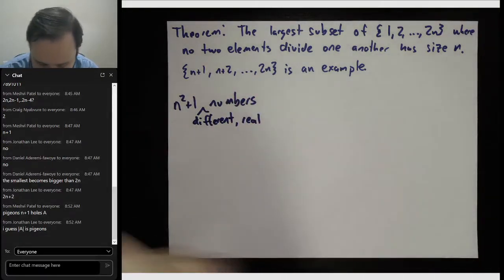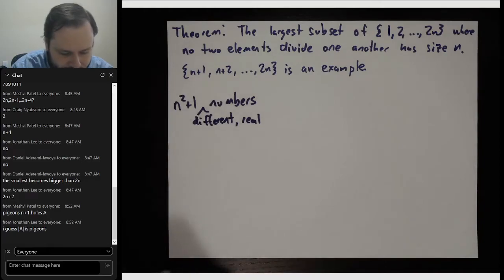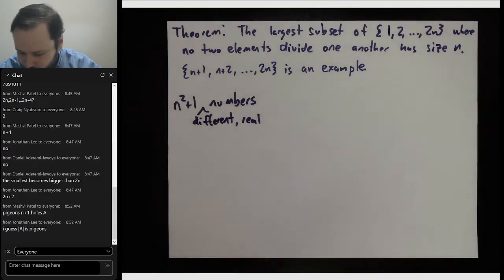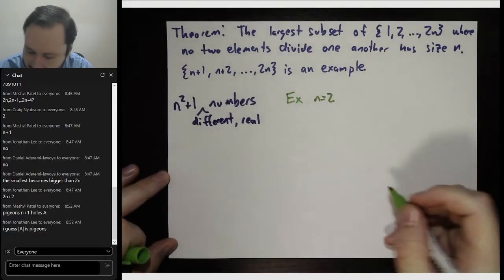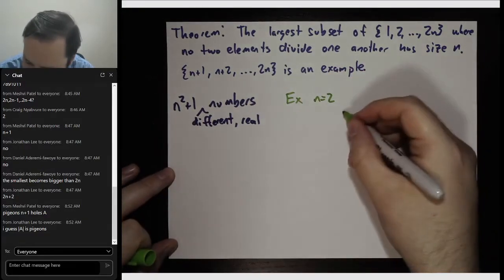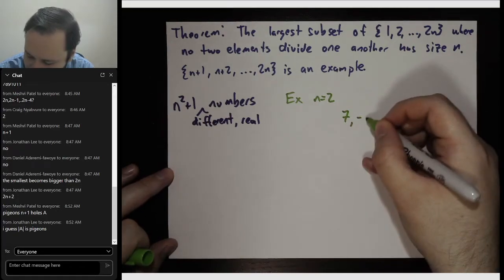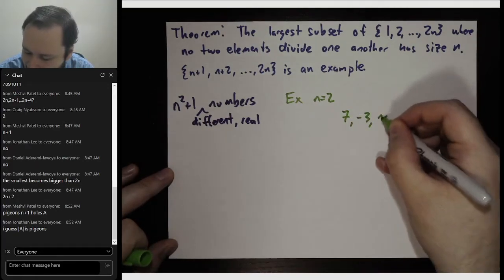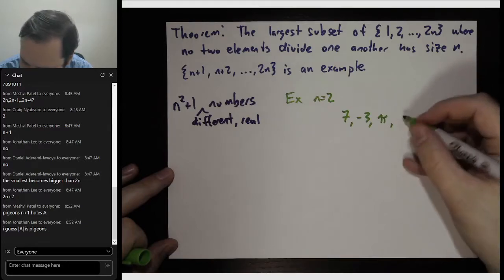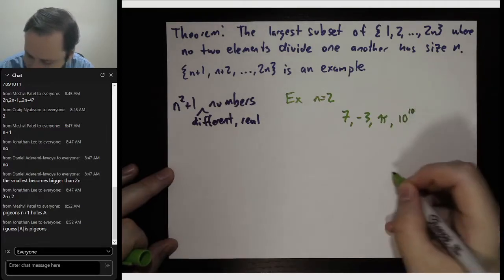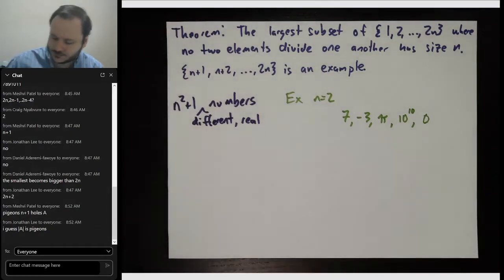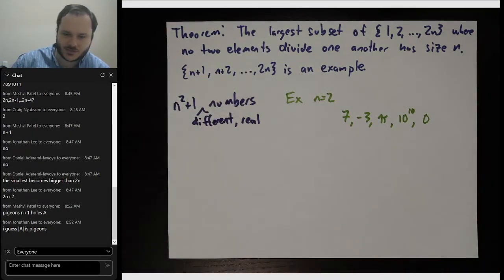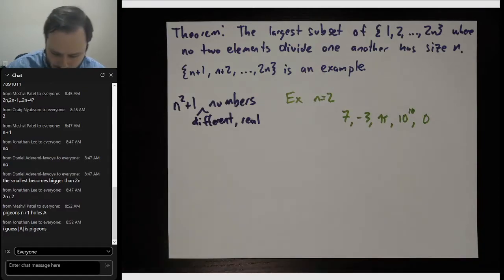So for example, if n is equal to 2, then I need 5 numbers. I might pick 7, -3, pi, 10 to the 10, and, I don't know, 0. Okay, so just 5 real numbers in a row.